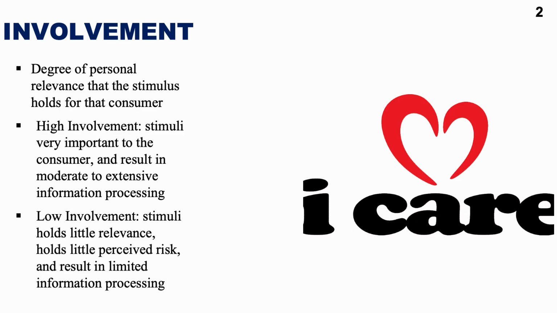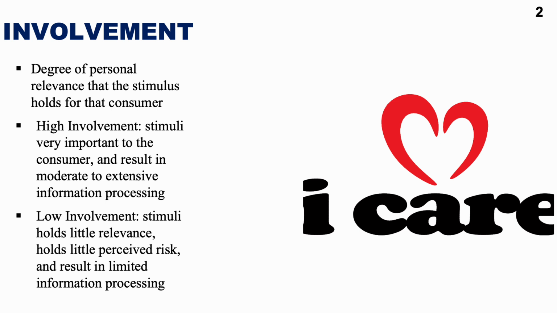So I'm going to bring us back to one more thing, and that's involvement. So how much do we process information? A lot of times the degree to which we process information is related to the personal relevance that stimuli holds for you, right? When we talk about involvement, you can just substitute the words personal relevance.